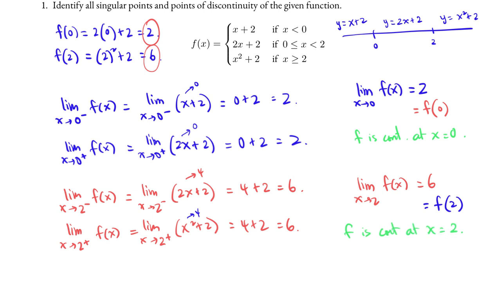Now, x plus 2 is a continuous function on its domain. 2x plus 2 is continuous because both of these are linear functions. x squared plus 2 is a quadratic function, so it is continuous on its domain. And so the only possible points of discontinuity and singular points are at the breakpoints, but we checked that at those two breakpoints the function is continuous.